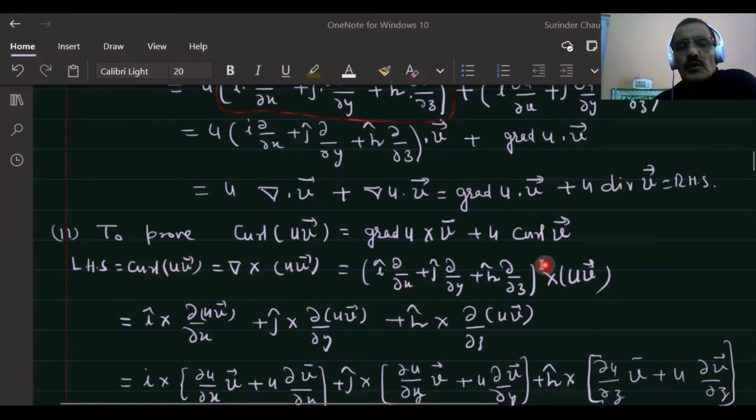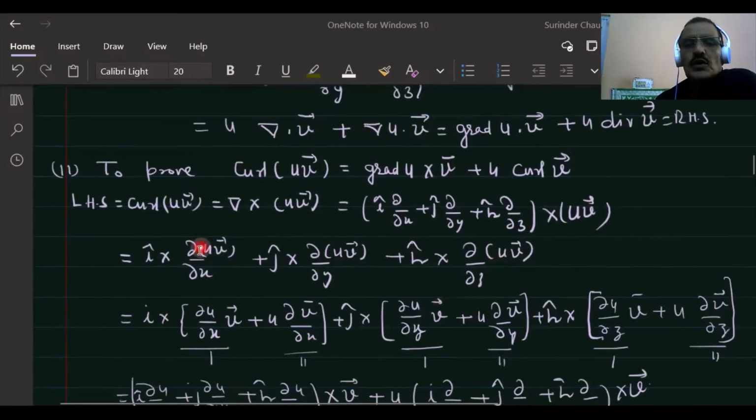Substitute the value of del here. Now for this scalar into vector function, the cross will be a vector. So iota cross del of u v vector by del x plus j cross del of u v vector by del y plus k cross del by del z.